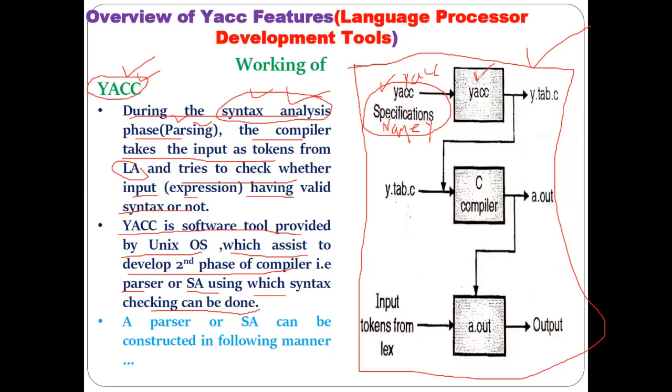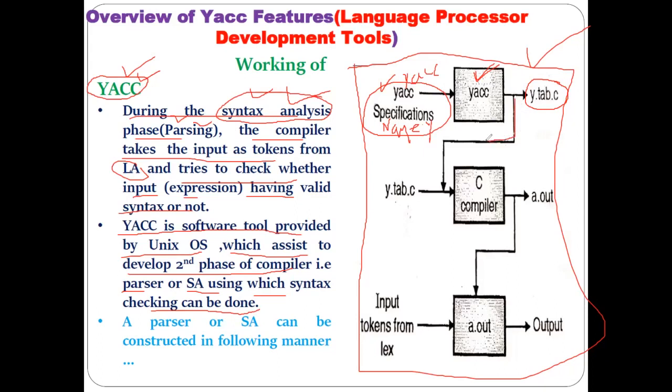Then you have to compile it using the Yacc compiler, and then some C program will be generated with the name y.tab.c. Okay, that will be generated with the name y.tab.c. This you can check, it will be generated in the home folder where you have saved this Yacc program, just like in Lex. Then what is the second step?